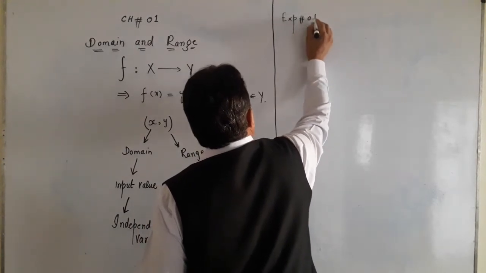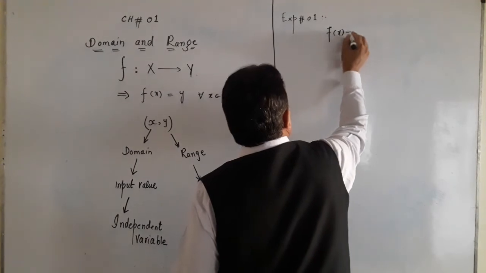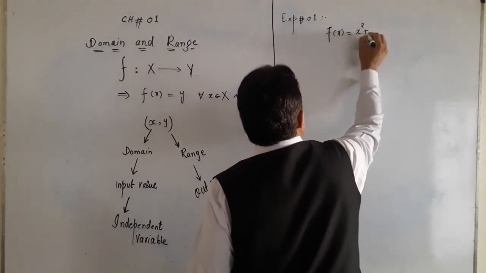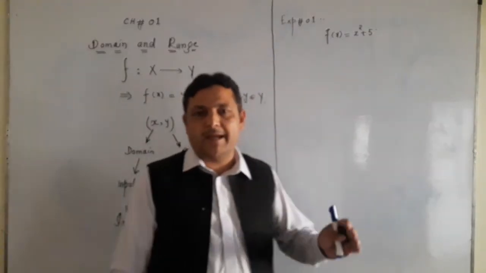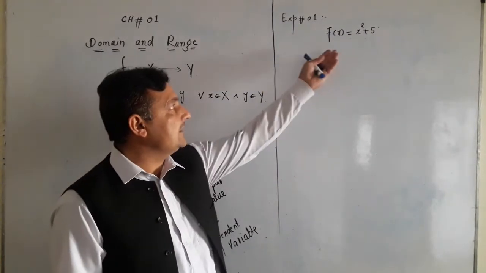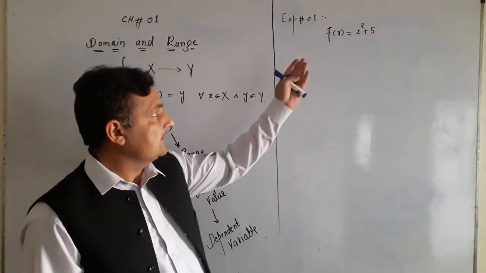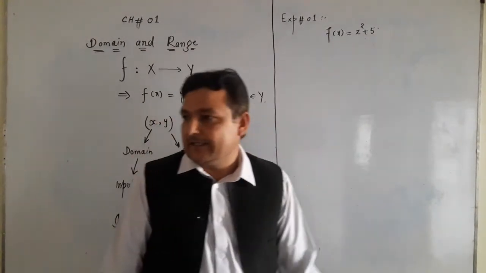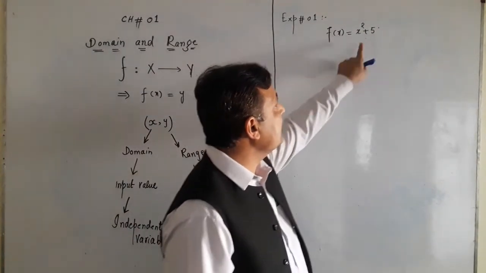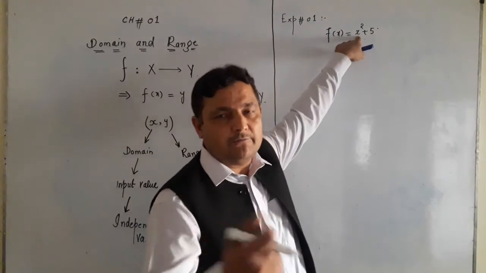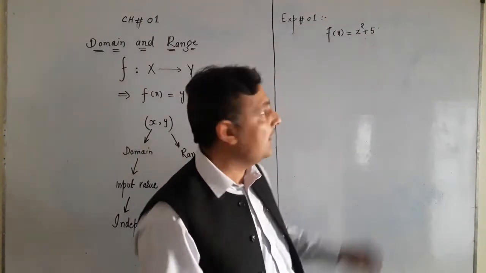Example first. f of x is equal to x square plus 5. We have to find out the domain and range of this function. We see that this function is defined for every real value of x.